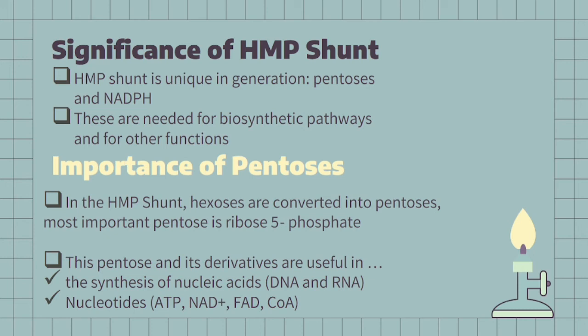Coenzyme molecules are mostly derived from vitamins. They are also commonly made from nucleotides such as adenosine triphosphate and coenzyme A. Pentoses are also used in the synthesis of certain vitamins like B2 and B12.